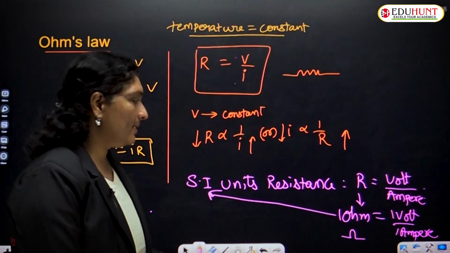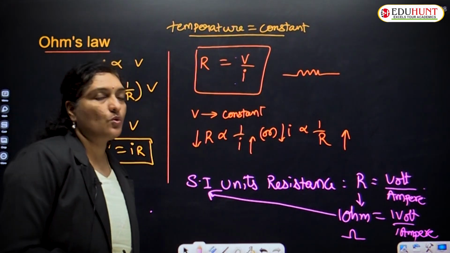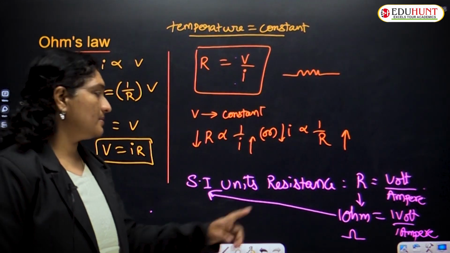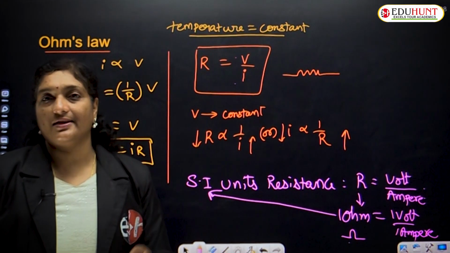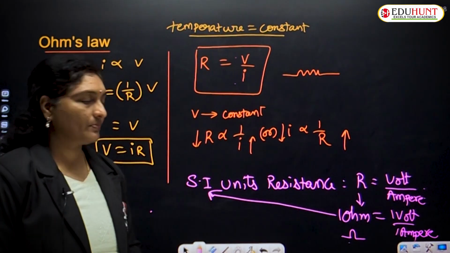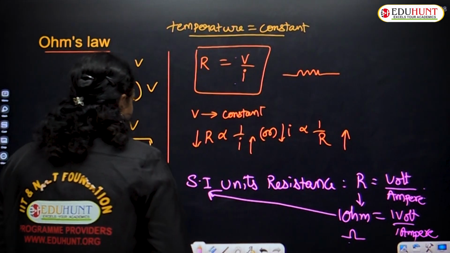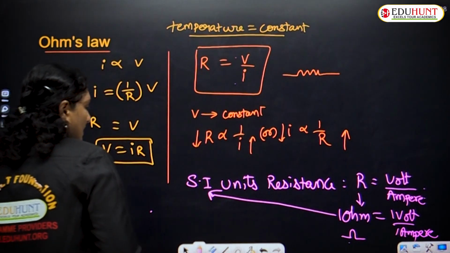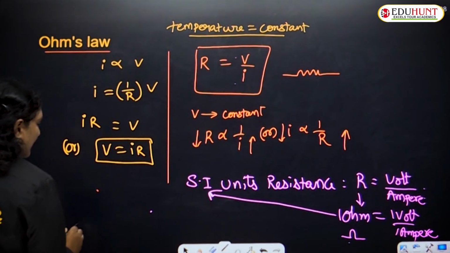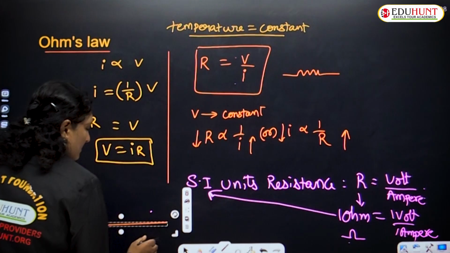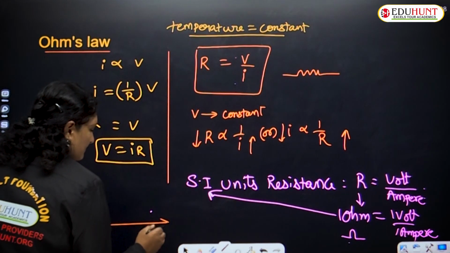Is that clear, children? 1 ohm is equal to 1 volt upon 1 ampere, and ohm is the SI unit of resistance. If you plot a graph taking current on the y-axis and voltage on the x-axis, it will be something like this.